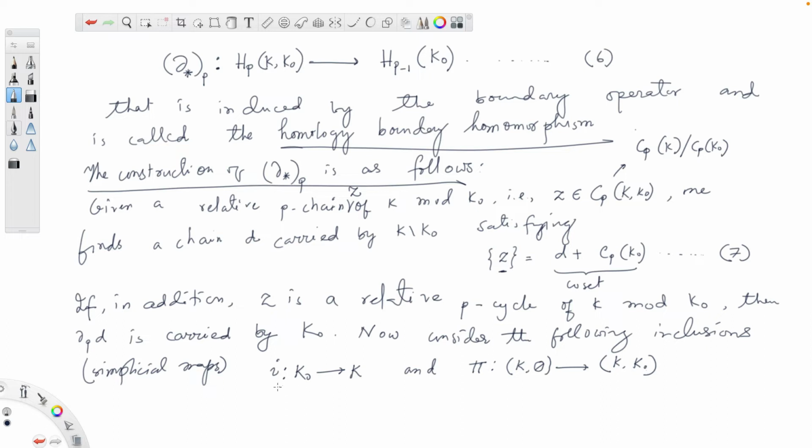Since they are both simplicial maps, we can think about the induced homomorphisms at the level of the chain groups: the inclusion of Cp of K0 in Cp of K, and the projection map pi hash at p, which projects Cp of K into Cp of K comma K0.